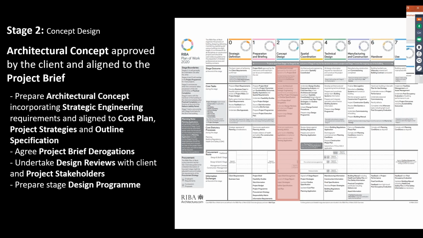And of course, crucial to stage 2 are the design reviews with the client and other project stakeholders, such as the planners and any other local communities or any other advisors who are crucial to the success of a project. And of course, we need to have a design program that helps to frame how all those tasks work during stage 2. So those are the crucial tasks of stage 2.